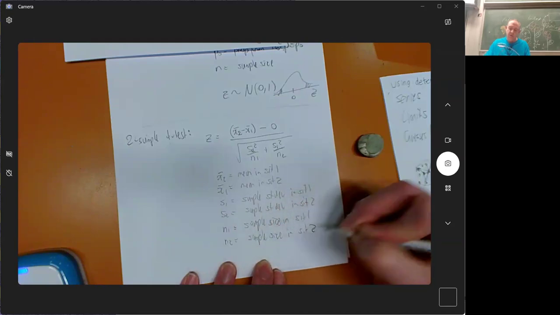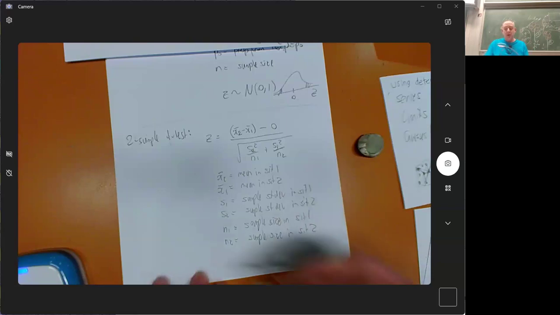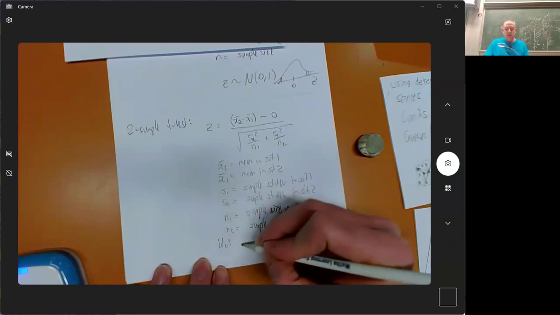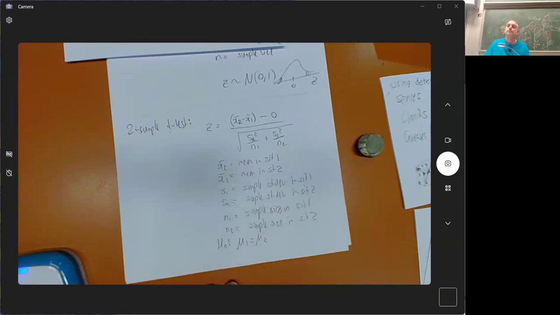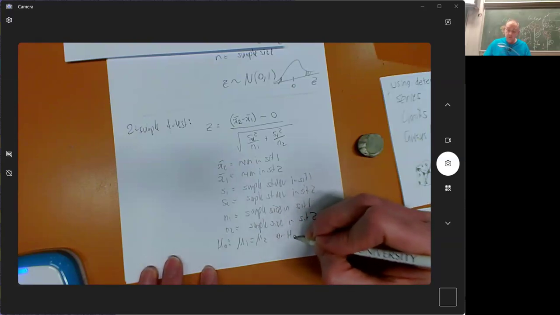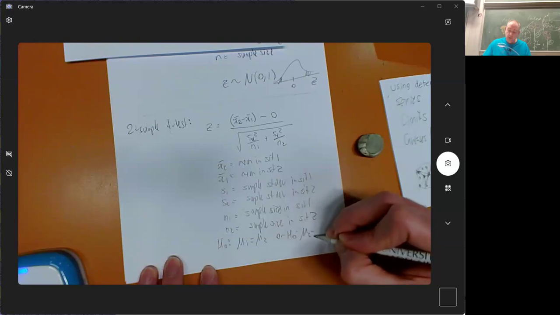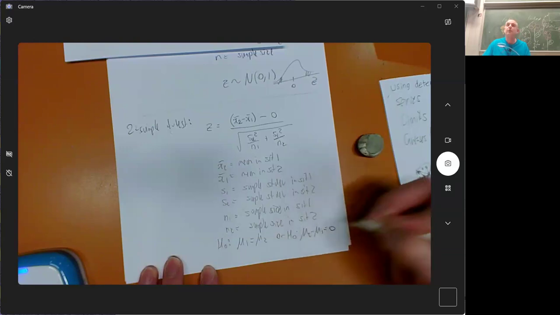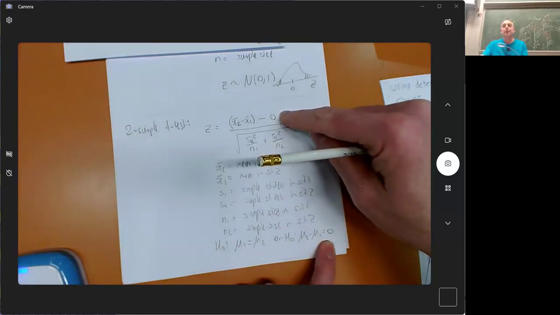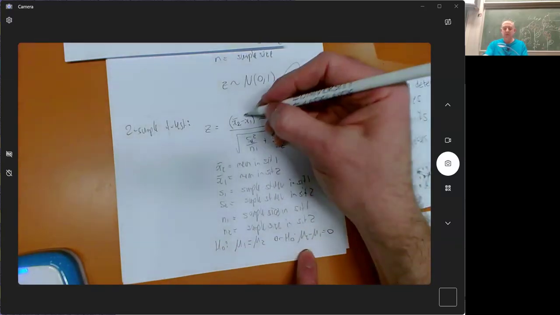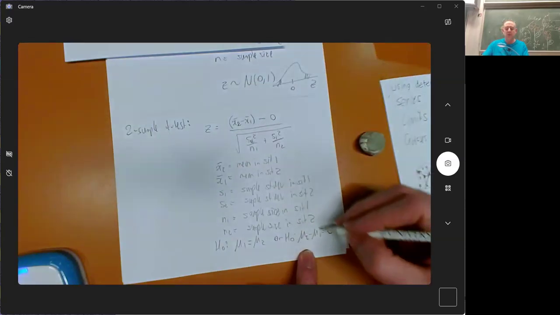in situation 2. And I will say that the null hypothesis normally looks like this, where there's two different population means, mu2 minus mu1 equals 0. That's why we put a 0 just here. Because if you look at this, this is x2 minus x1, that's mu2 minus mu1.